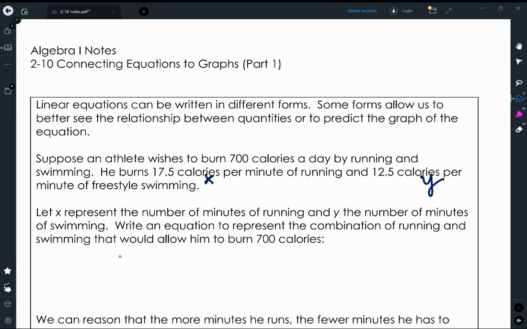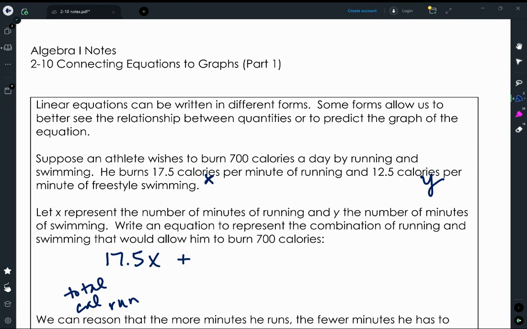Okay, well, that would be the total calories from running. Total cal run. Well, that would be 17.5 times X, because it's 17.5 per minute times X minutes. And then we're adding because we're totaling something up.